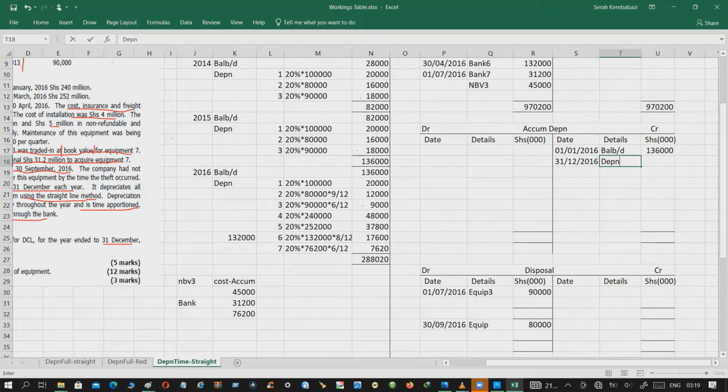And at the end of the financial year, we've completed depreciation for all these assets. So for equipment 1, we have 20,000. It didn't change. Then for equipment 2, we have 12,000.